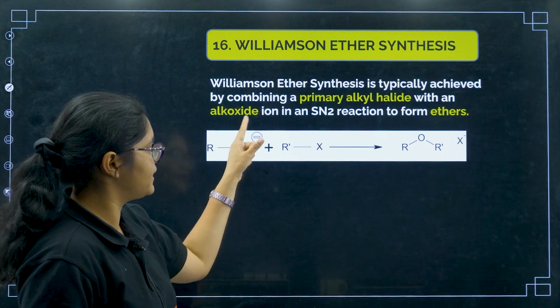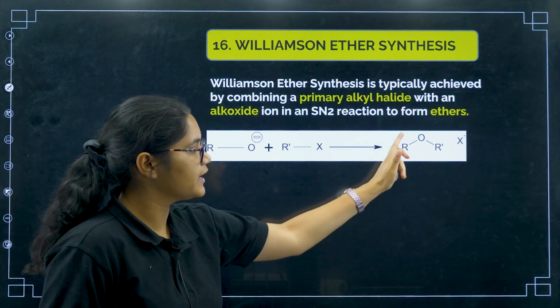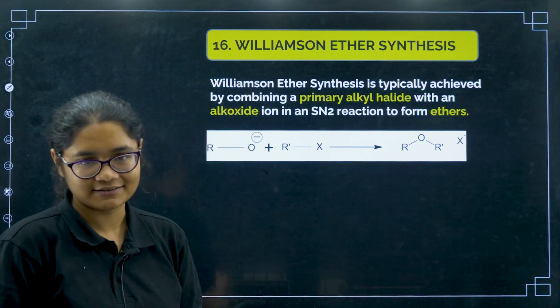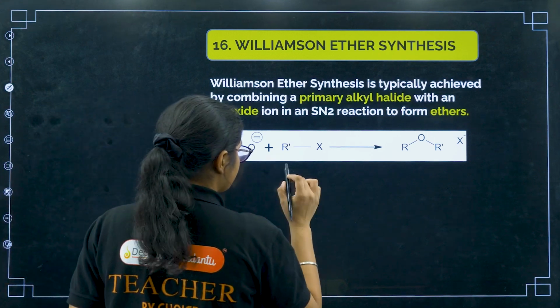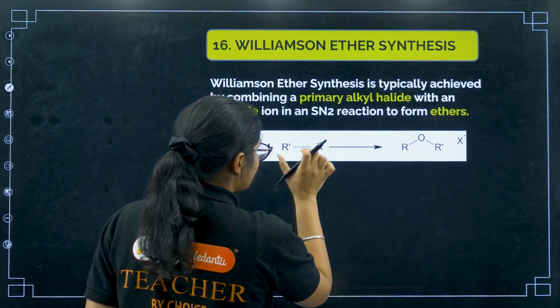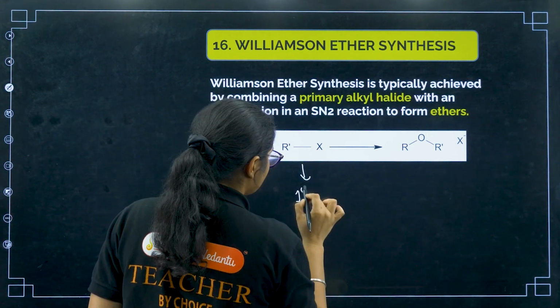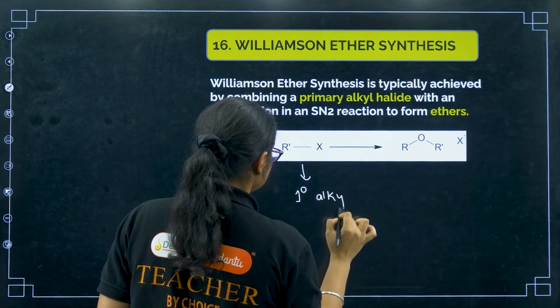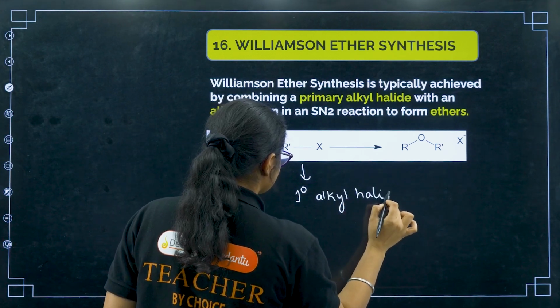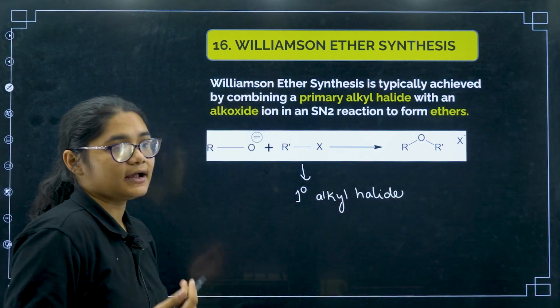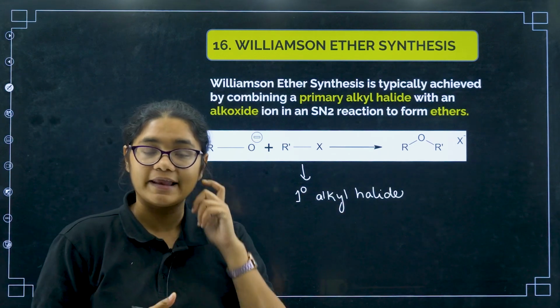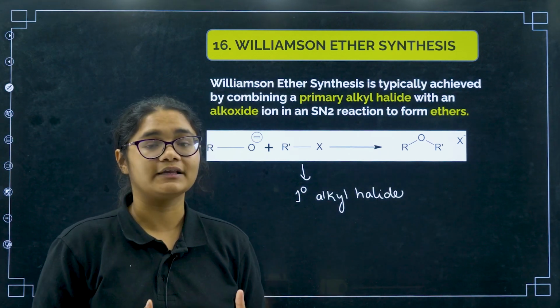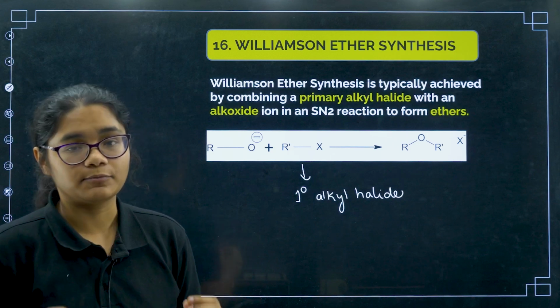This RO- attacks this R'X, we get ROR' plus X-, right? Now the thing you should keep in mind is that this R'X should be a primary alkyl halide, otherwise elimination reaction will dominate and you will get alkene as the major product.